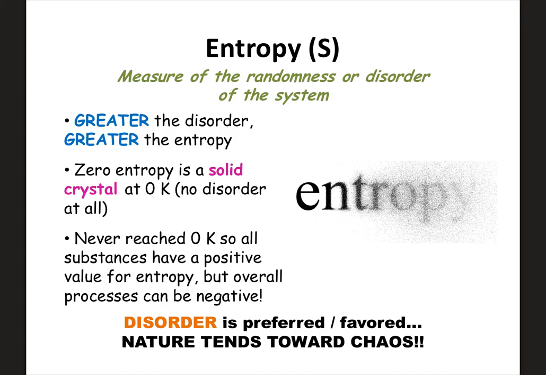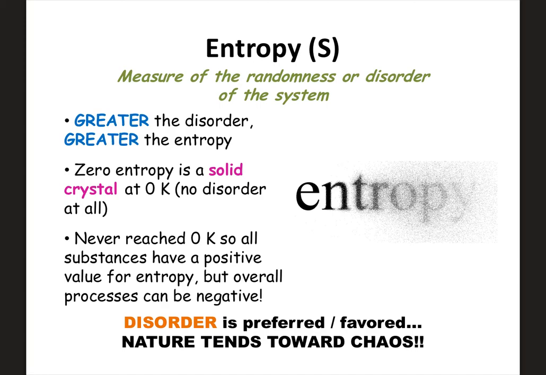We kind of already mentioned it, but disorder is preferred or favored in the universe here. Nature goes toward chaos, essentially. Just like we said, nature prefers this negative energy, this negative delta H. We also prefer this positive entropy here. All right.